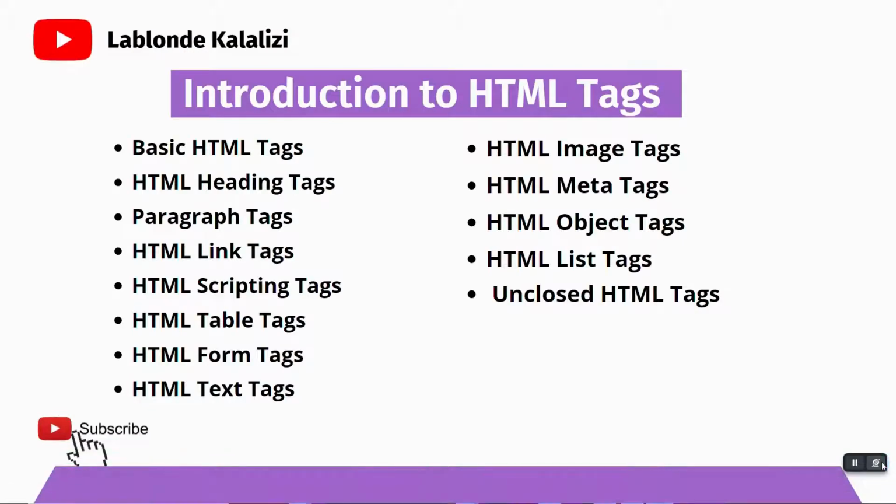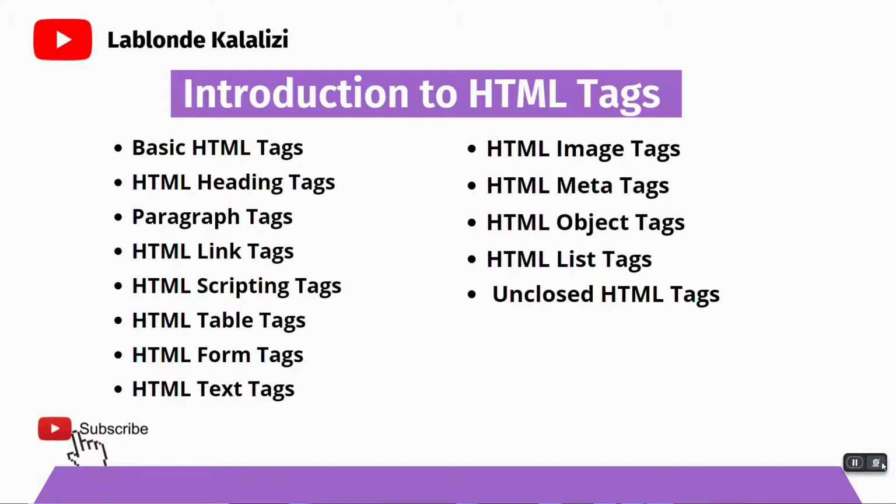We have HTML heading tags, paragraph tags, HTML link tags, HTML scripting tags, HTML table tags, HTML form tags, text tags, image tags, meta tags, object tags, list tags, and enclosed HTML tags.